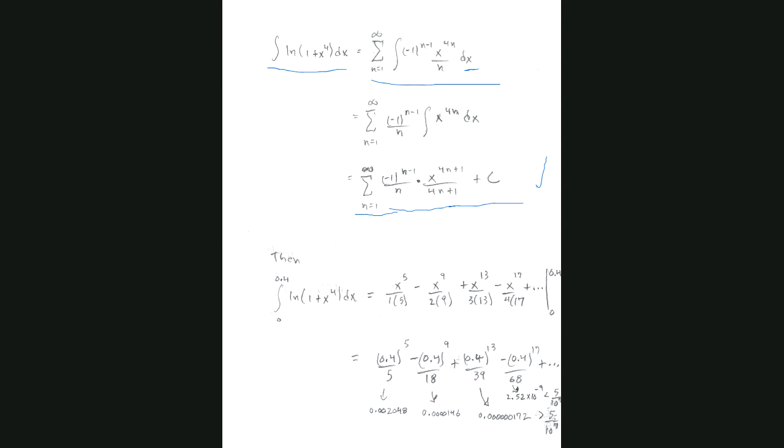Okay, now we're ready to get our approximation for our definite integral. So I take the power series. Of course, now we have a definite integral, so we don't have that constant anymore. But I write out the first 4 terms of the power series, and we are integrating from 0 to 0.4. Notice that 0 and 0.4 are within the interval of convergence.